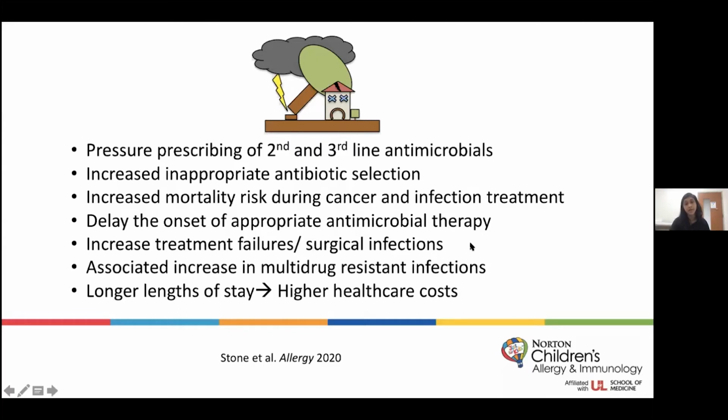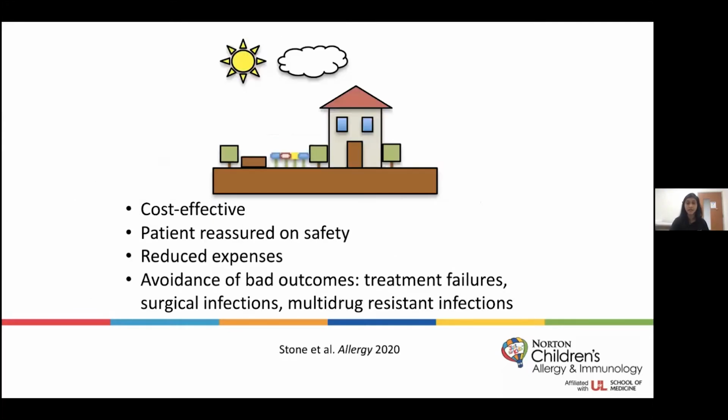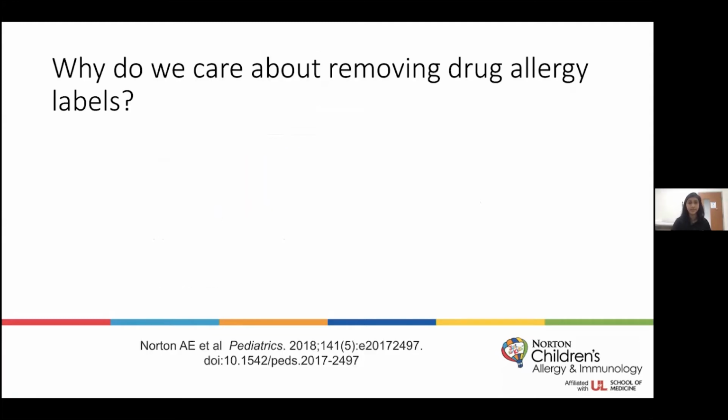All of the above leads to higher healthcare costs. When you remove the antibiotic allergy labels or any drug allergy label at an early age, it overall reduces expenses, patients are safer, and it just generally avoids bad outcomes. So less treatment failures, multi-drug resistant infections, surgical infections, etc.